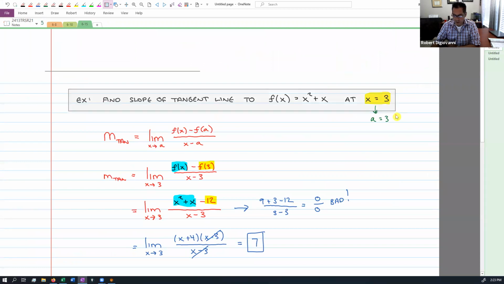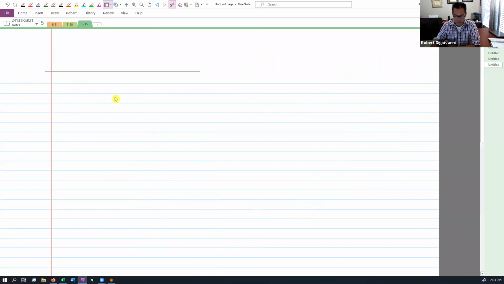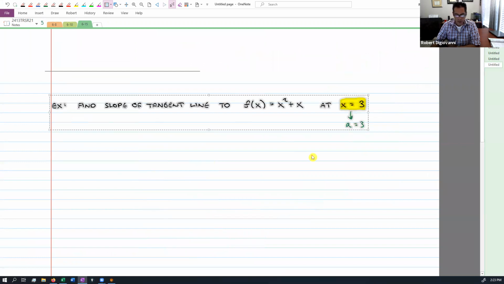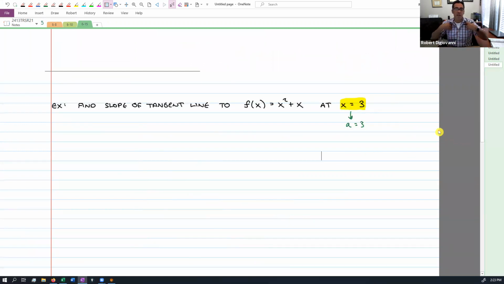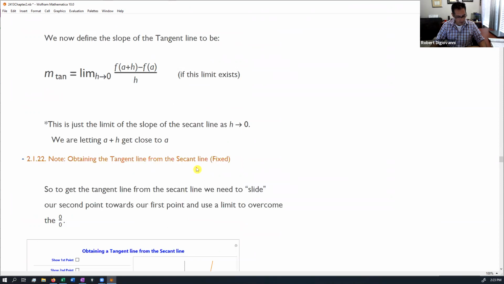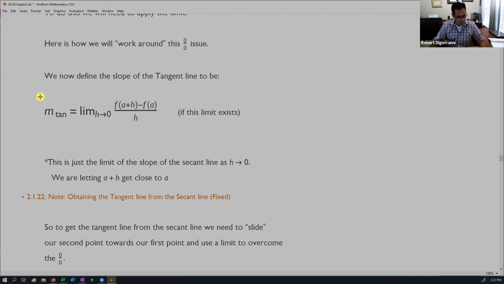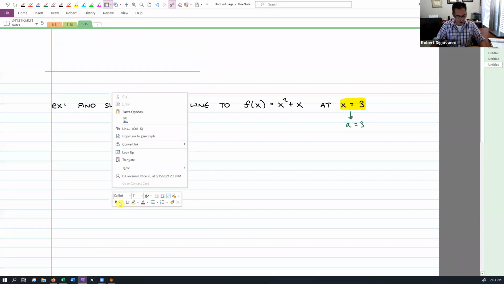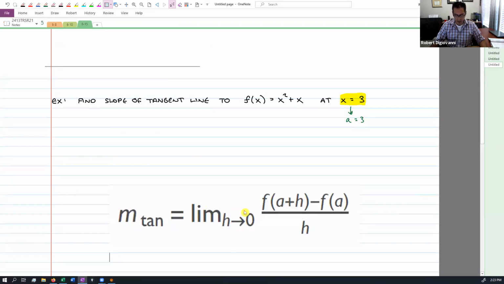I would like to do the same problem, but I'm going to choose myself to use the second definition. So I have that right here. I'll just copy it. Here we go. So I'm going to use the second definition of the limit of the slope of the tangent line.